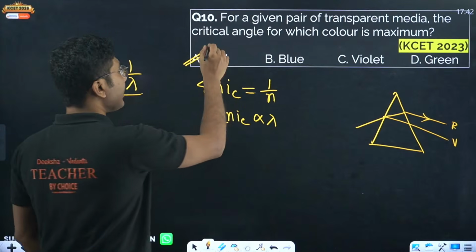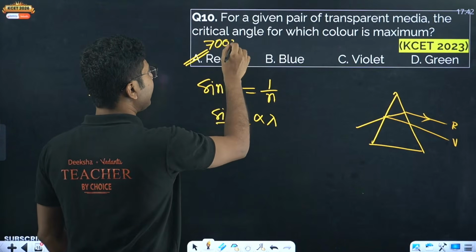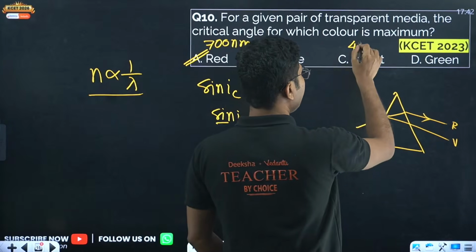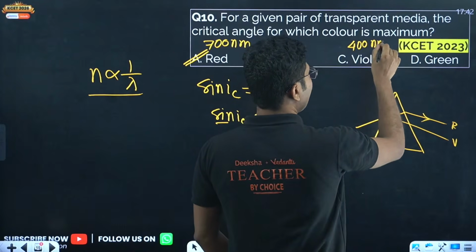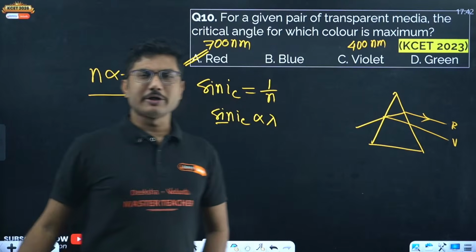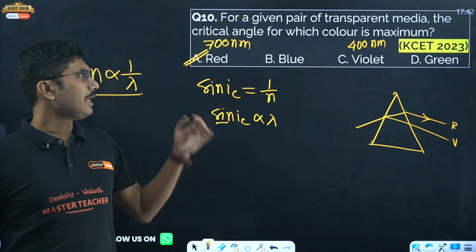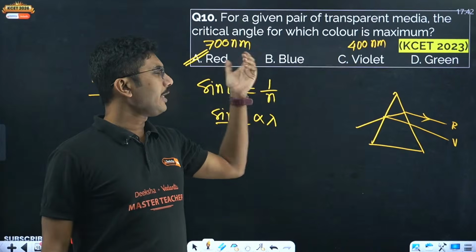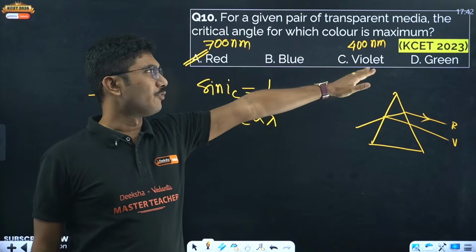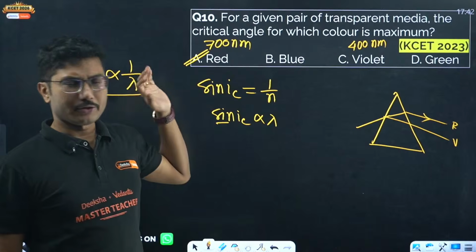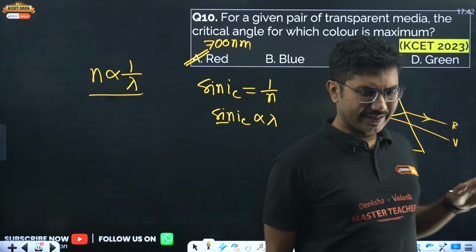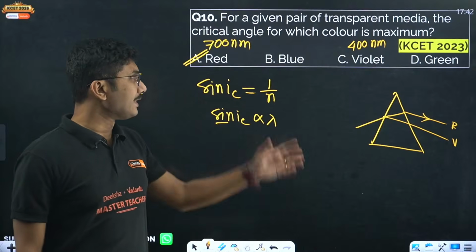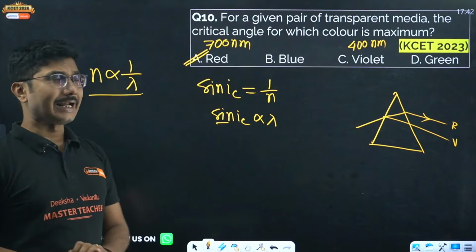The wavelength of red is 700 nanometer and the wavelength of violet is around 400 nanometer. Remaining colors you do not need to consider. In any color based question, red and violet are the most extreme points. 670 is more accurate, but for all purposes we take 700 nanometer as standard red.